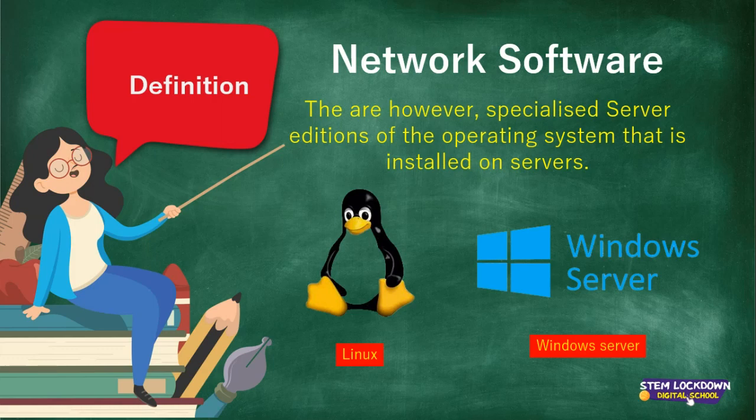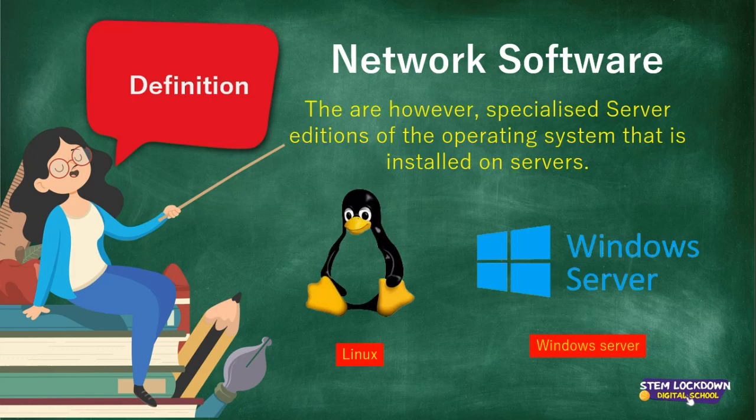These software are basically designed to work on a server and operate a network. So that's basically the software that is needed. Sometimes it is referred to as the networking operating software.